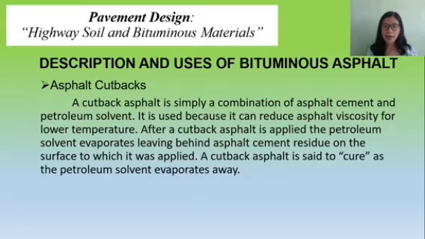So a cutback asphalt is said to cure as the petroleum solvent evaporates away. It is used in asphalt seals such as tack coats, fog seals, slurry seals, and other stabilization material.